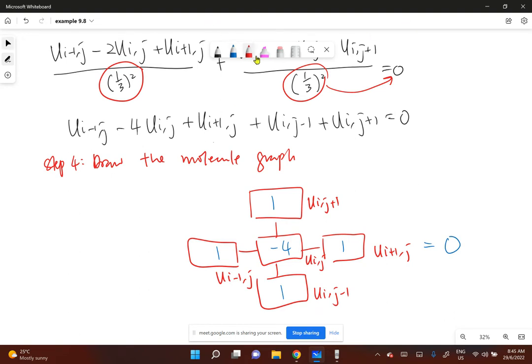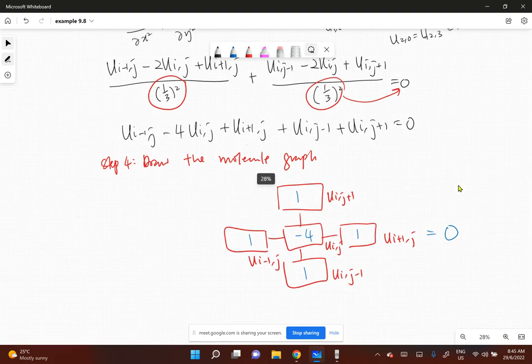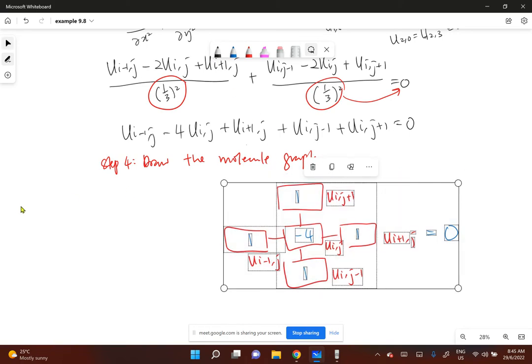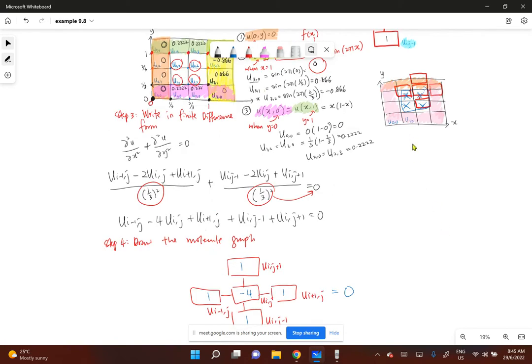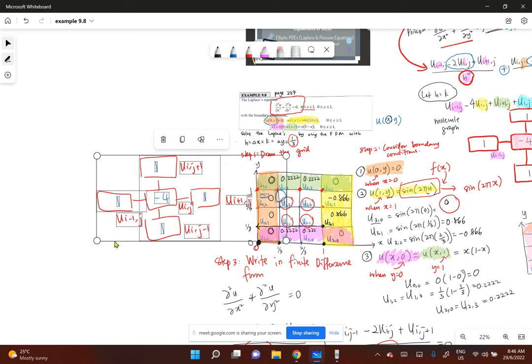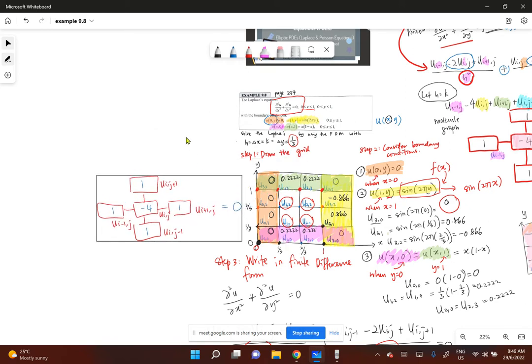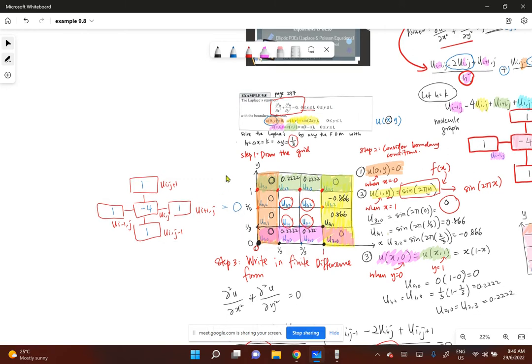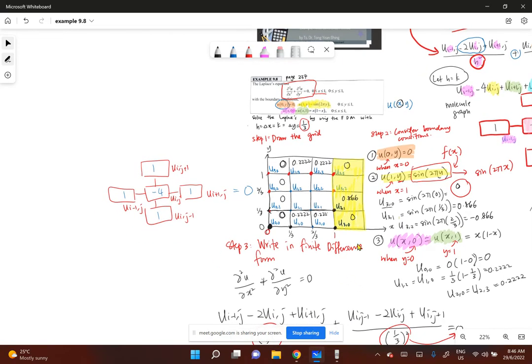This one we will bring to the grid, so this one we want to put here. To the left.